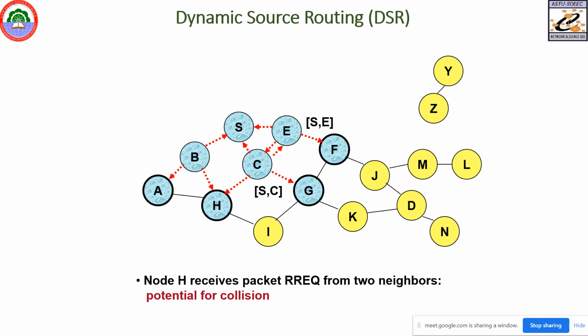Simply the node B will broadcast again to its neighbors. The neighbors of node B are node A, node H and node S.